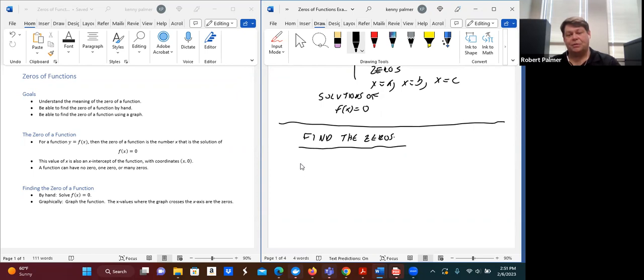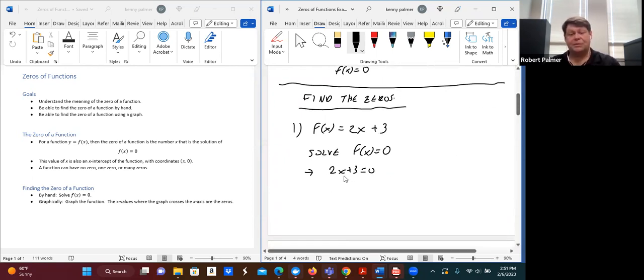Number one, let's start with a linear function. f of x equals 2x plus 3. What I want to do is solve f of x equals 0. That means we want to solve 2x plus 3 equals 0.